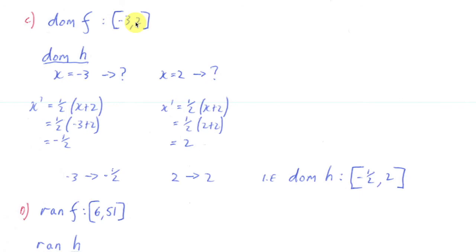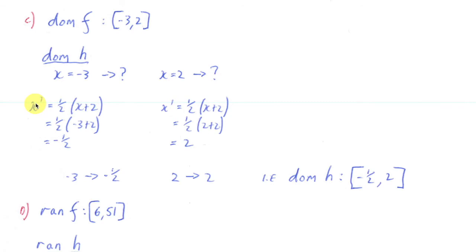And remember, it underwent a series of transformations to become a new function h. So we're going to use that knowledge to help us work out the new domain of h. So x in f was negative 3. What's that going to become for h? And then we went all the way up to 2. What's the 2 going to become with the h function?